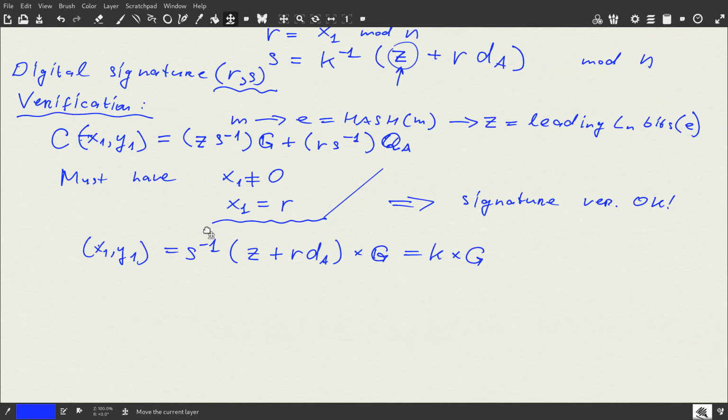So verification is easy. So if this succeeds, then our signature is valid. If not, then the probability of a collision is absolutely infinitesimal, and therefore we can say that the operation fails. So that's basically all.